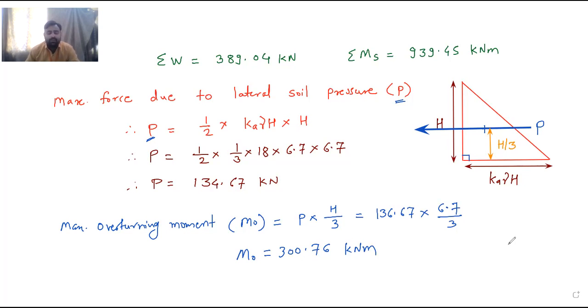Now moving further, we will take the check for overturning as well as the check for sliding. Likewise, as we did in the cantilever retaining wall, the same thing we are going to do here also. So next is the check for overturning.